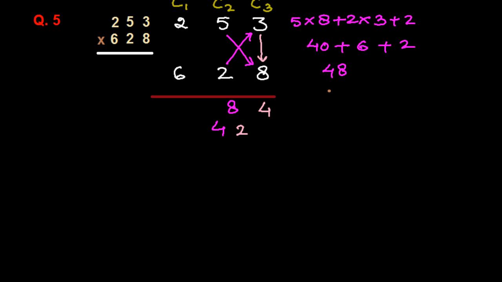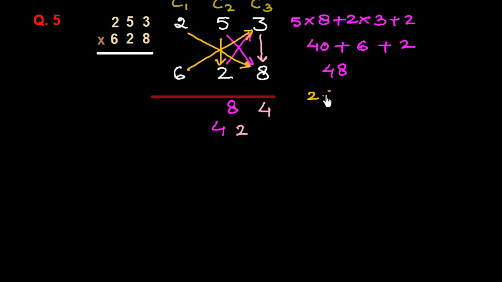Now what we have to do, we have to multiply first and third column diagonally and second column vertically, and add up with these all with this carried number. Okay, so first I mention here in this way we have to multiply.